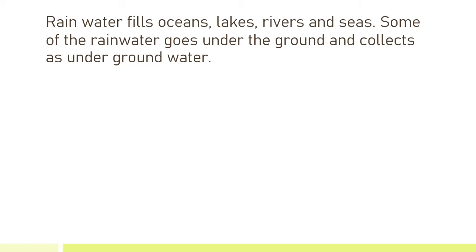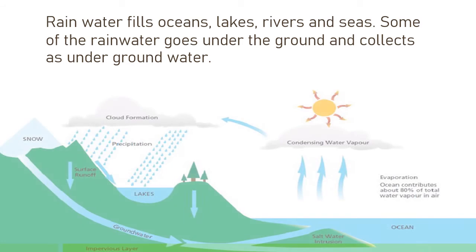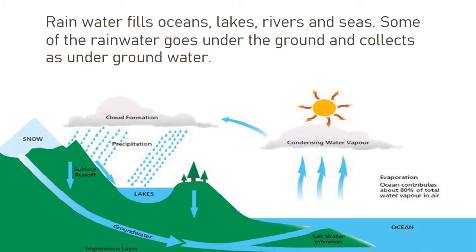Now, to understand this, we need to see the picture. See, this is the picture given. On the right side of the picture, we can see the ocean and the rays going upward to the sun. We can see the vapor from water.